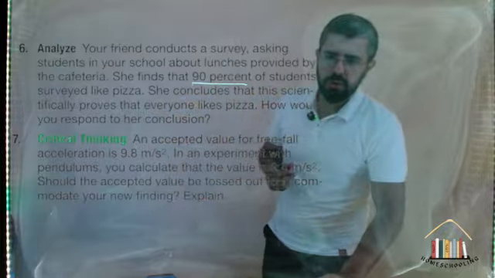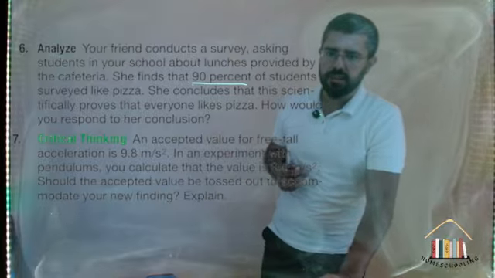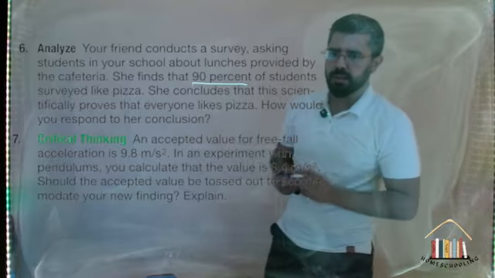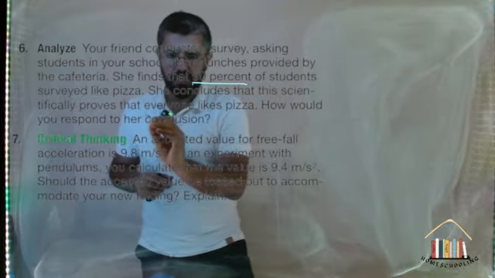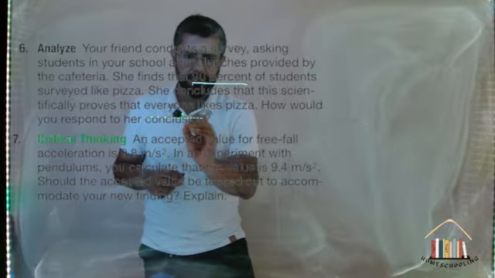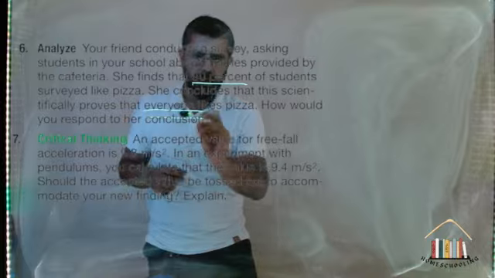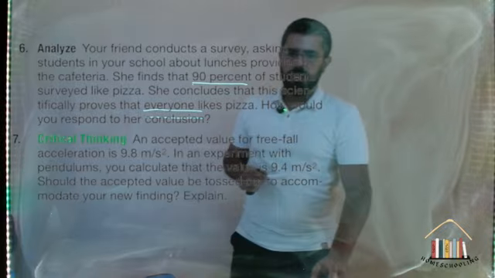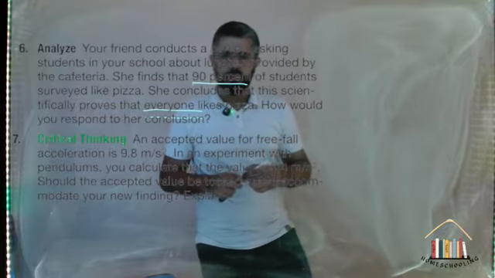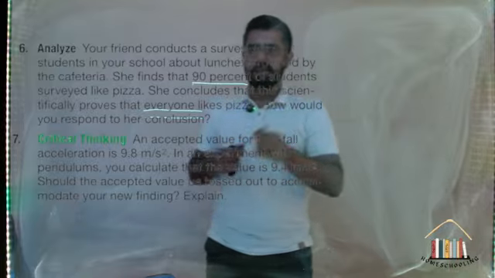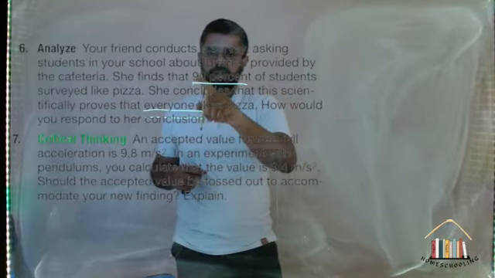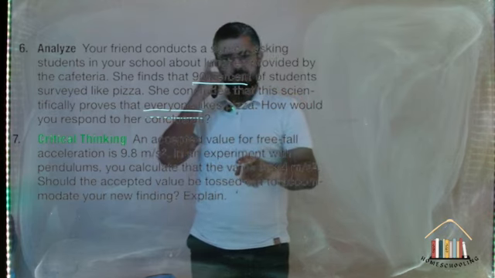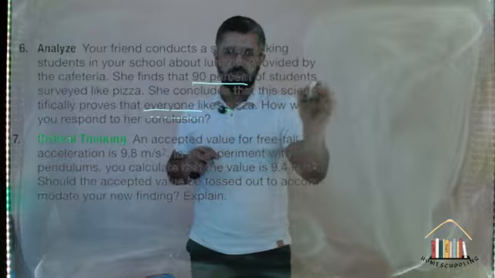She concludes that she scientifically proves that everyone likes pizza. Everyone, let's underline this also. How would you respond to her conclusion? So a girl doing a survey in her school finds out that 90% of students like pizza, and then in her conclusion she said that everyone likes pizza, which means there is something wrong here.